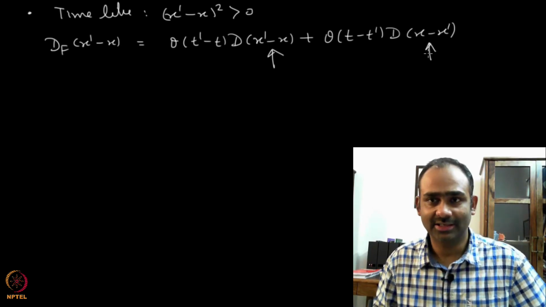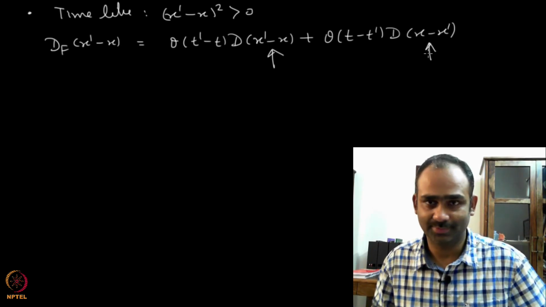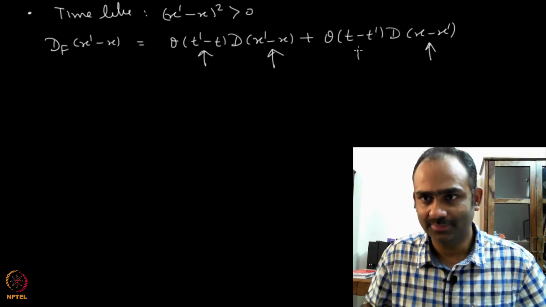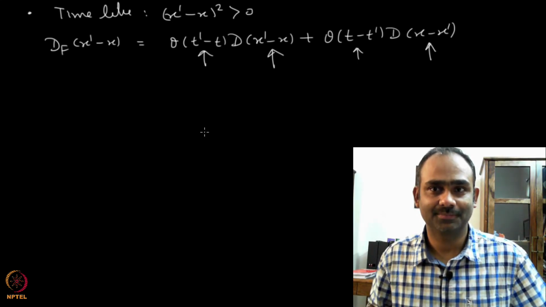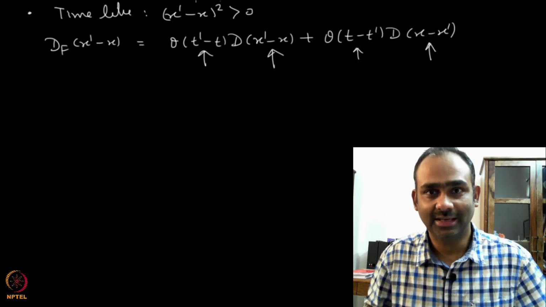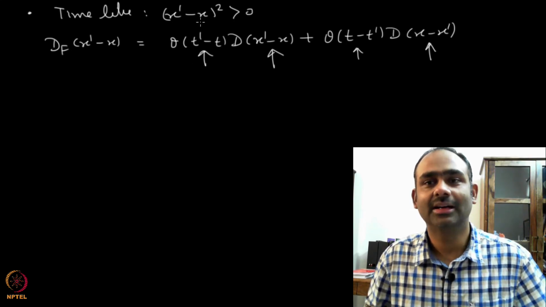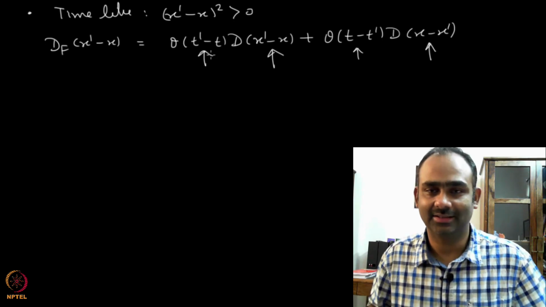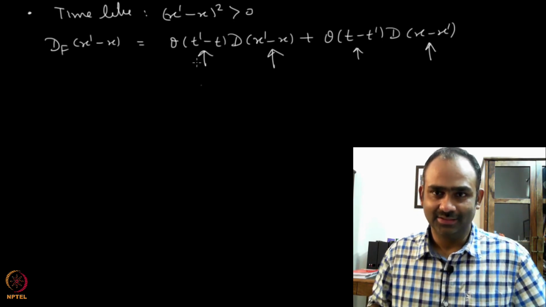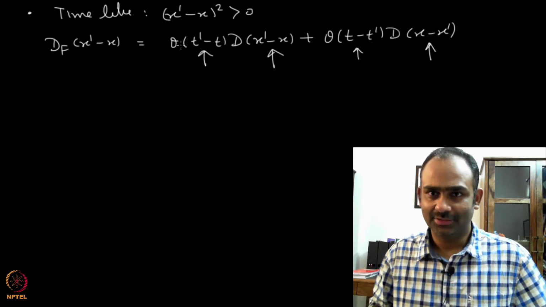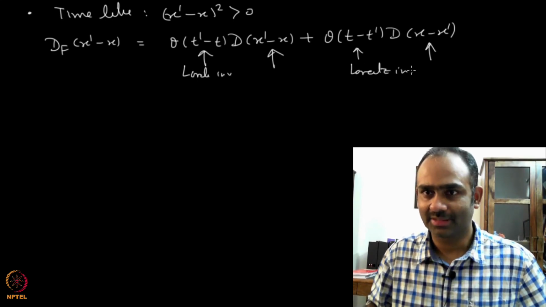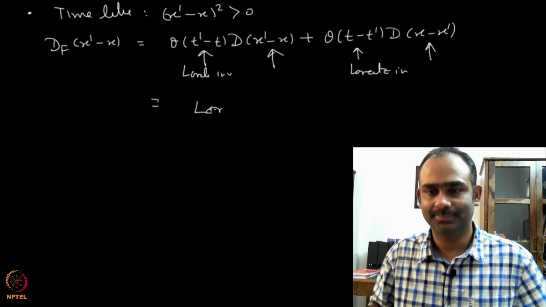Okay, this we have shown already, irrespective of whether the separation is time-like or space-like, this is always Lorentz invariant. This object, this one and this one, these two are also Lorentz invariant if the separation is time-like. Remember, the sign of t prime minus t is invariant if they are separated by time-like separation. So, this is also Lorentz invariant, this is also Lorentz invariant, which means that the right hand side is Lorentz invariant.